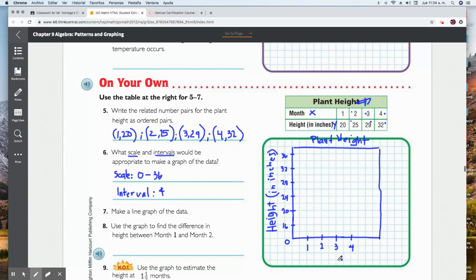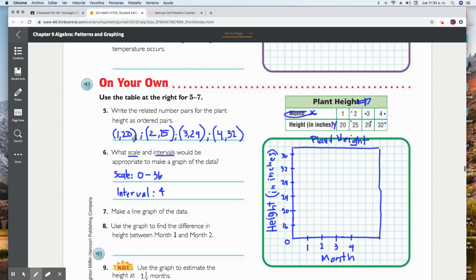And for the bottom, I'm going to use the same title right here, month. I'm just going to write the word month.